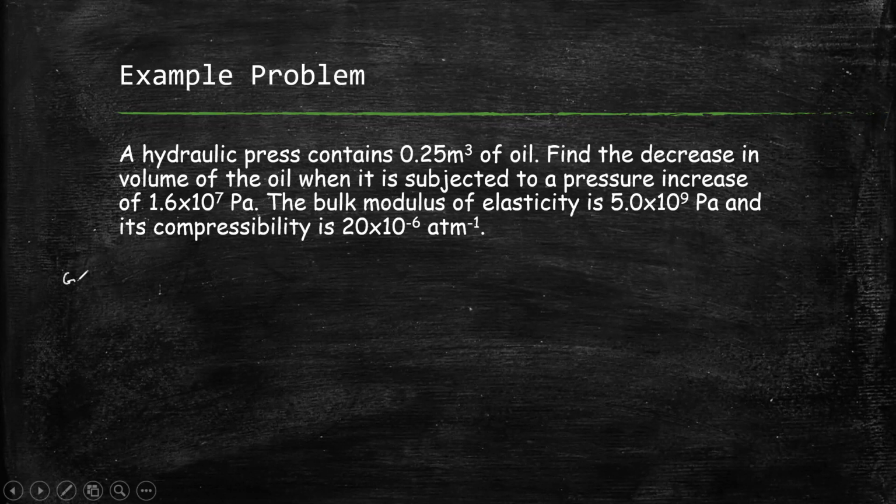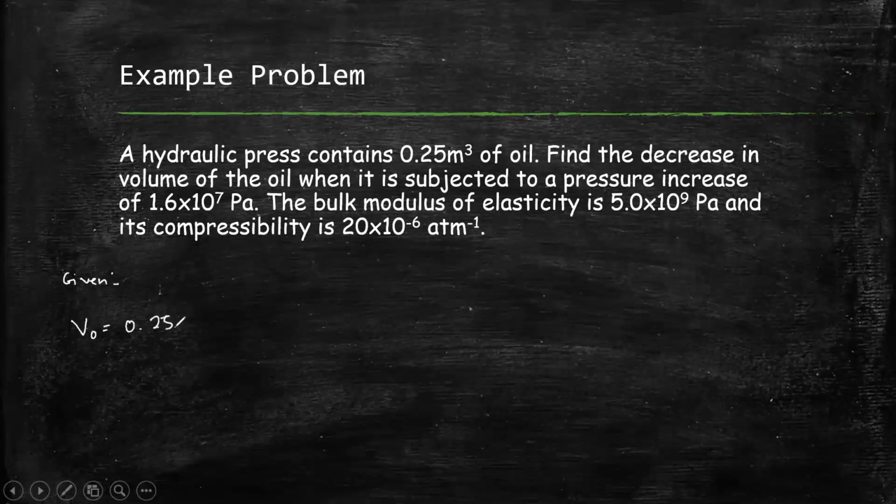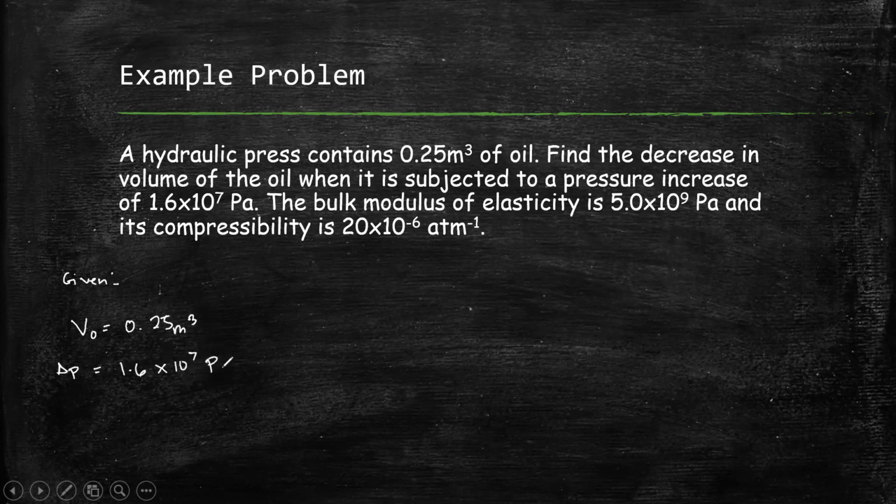So our given values are volume of 0.25 cubic meter, change in pressure of 1.6 times 10 raised to 7 Pascal, bulk modulus of 5.0 times 10 raised to 9 Pascal, and compressibility of 20 times 10 raised to negative 6 ATM inverse.